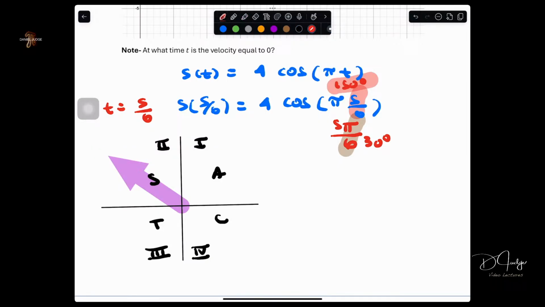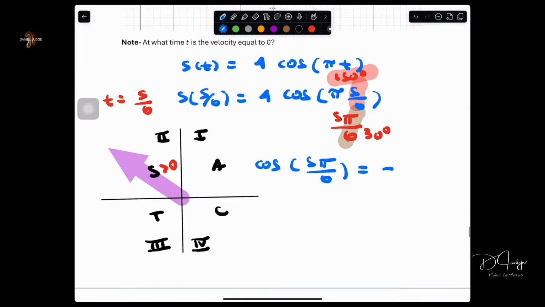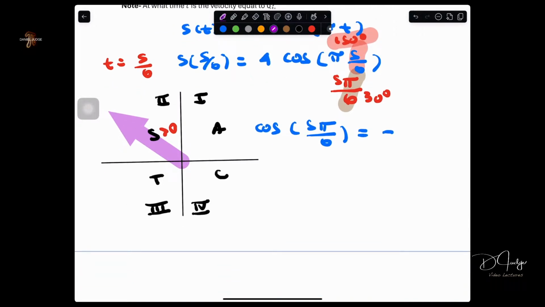Quadrant 2 here, sine is positive. So this is what we mean by sine. That implies cosine will be negative. So cosine of 5 pi over 6 is negative, but we have to look at the quadrant 1 answer here.